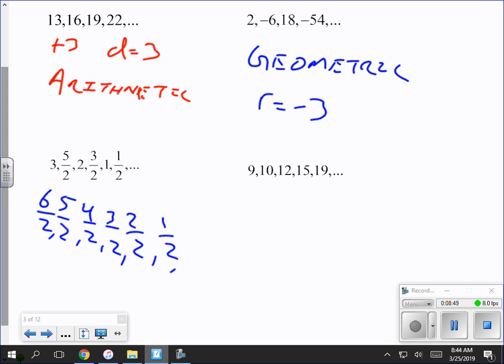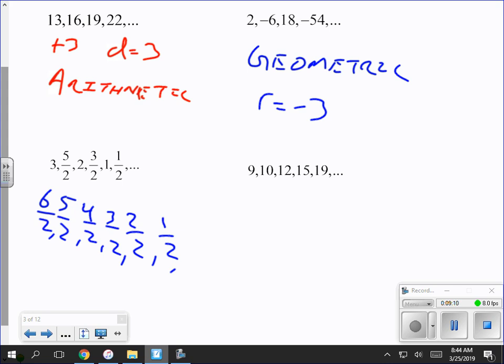It makes it easier to see the pattern, doesn't it? If I make them fractions with common denominators, it makes it really easy to see the pattern. What's happening with my numerators? 6, 5, 4, 3, 2, 1. I'm subtracting 1 from each numerator, which means I'm actually subtracting 1/2 from each term.